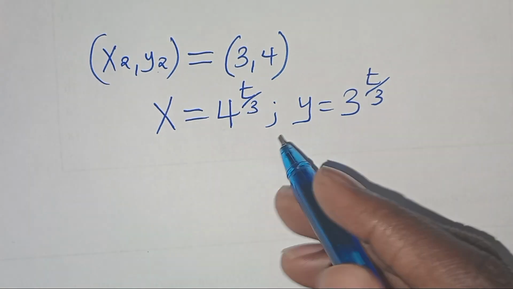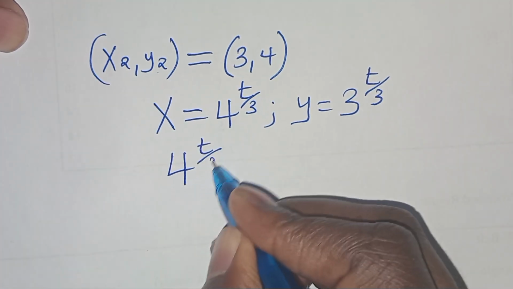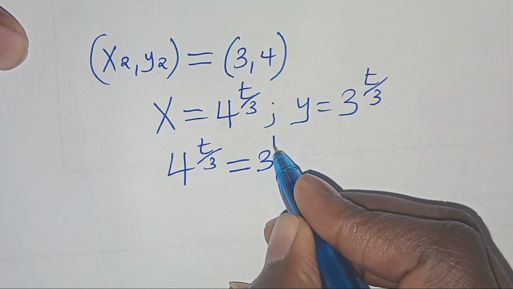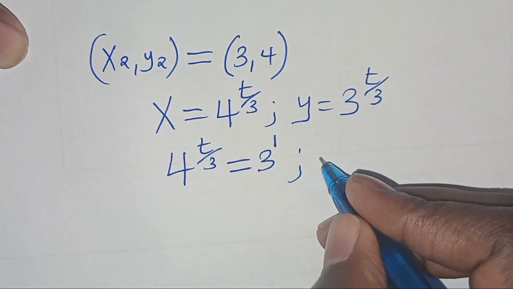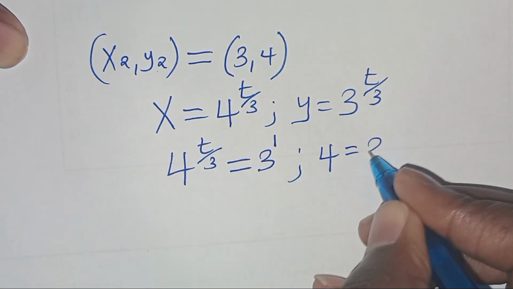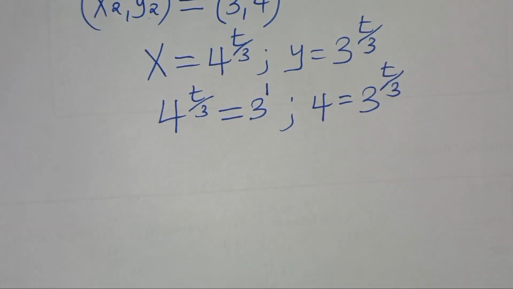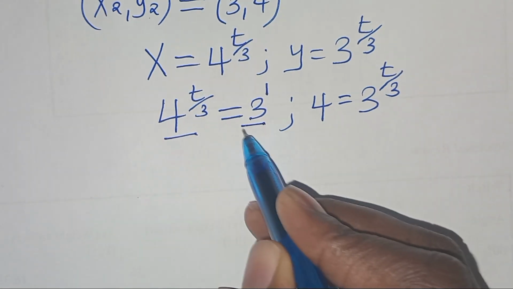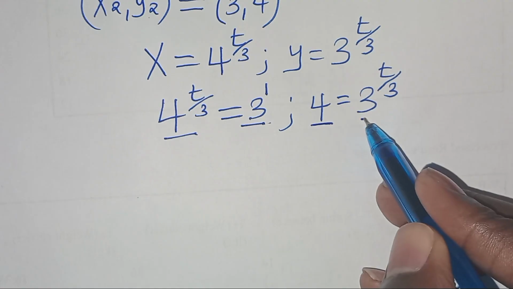Now, let's try to equate. x is 3, so we'll have 4 to power t over 3 equal to 3, where 3 is raised to power 1. And for y, we have y equal to 4, which is equal to 3 to power t over 3. As you can see, the bases are not common here. Even for the second case, the bases are not common.